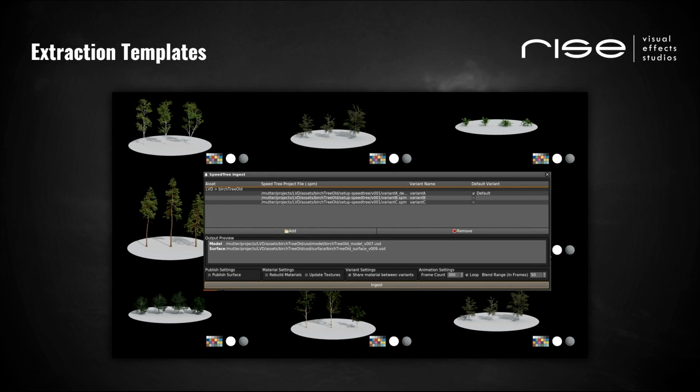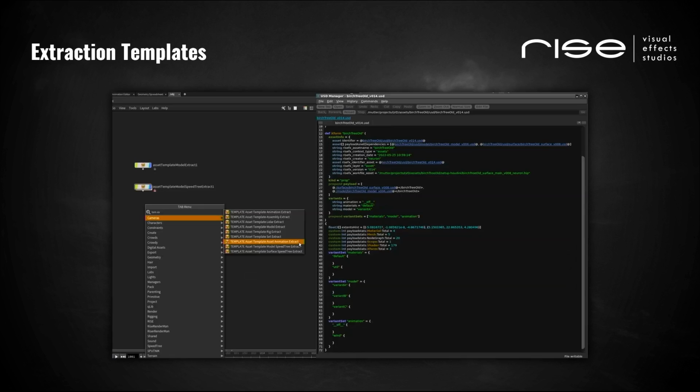The ingester allows us to just pick a bunch of SpeedTree files, which are then automatically exported and with their resulting caches then piped through a Houdini extract scene to create the different model, animation, and material variants. And on the left, you can see the templates that are created as HDAs, and every model, LiDAR, rig, assembly, and animation export from Maya goes through such a Houdini template to generate the final feature-rich USD files.